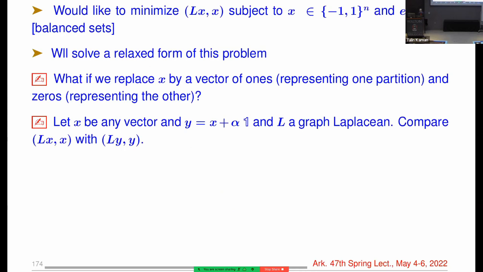So the question is, how do I use this? I would like to minimize the number of edge cuts, the number of times that Xi minus Xj is non-zero, subject to the fact that I also want to have about the same number of nodes in the first set and the second set.